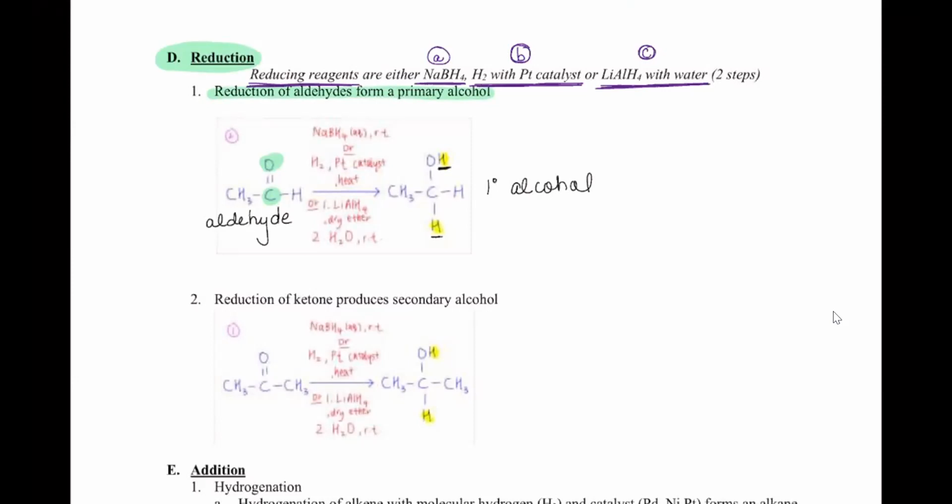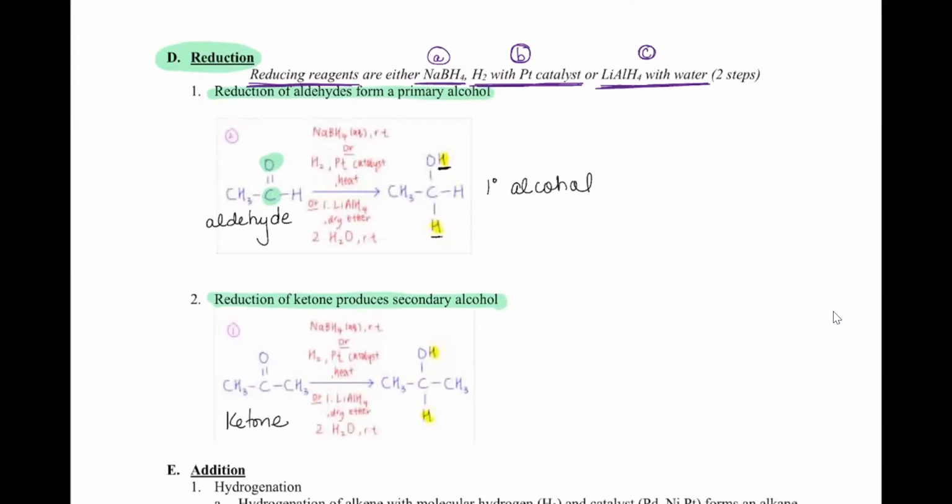Then we also have specifically the reduction of a ketone. What happens when a ketone is reduced? Similarly to what we saw in the aldehyde, the oxygen in the ketone gets the hydrogen.